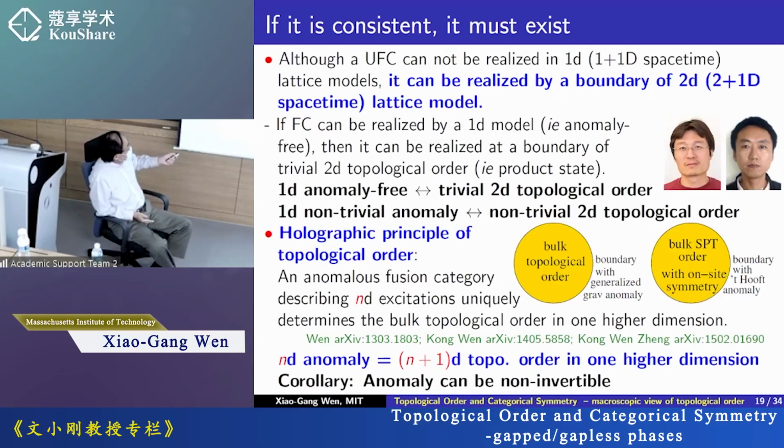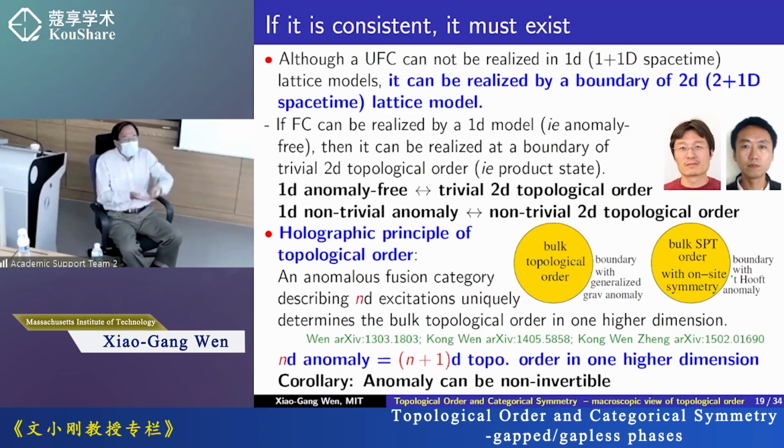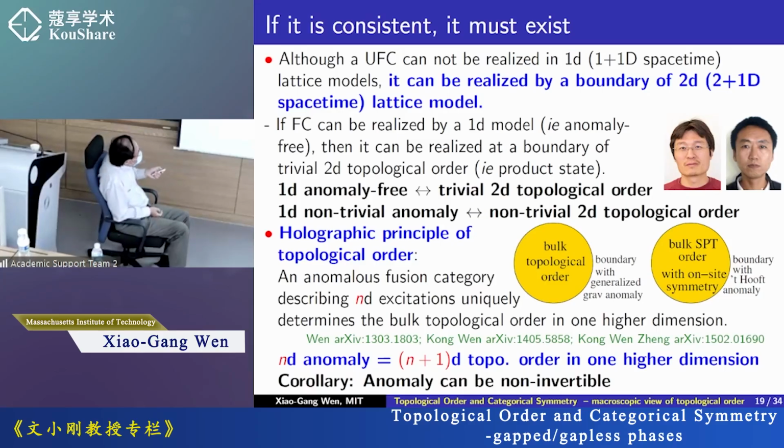However, if the topological order in the bulk is non-trivial, even though it has an energy gap, and usually when something has an energy gap we can throw it away, because there's intrinsic long-range entanglement we cannot really throw it away. Then its boundary would have this gravitational anomaly. And here I want to say that this is a generalized gravitational anomaly, because the gravitational anomaly people usually talk about means an invertible one.